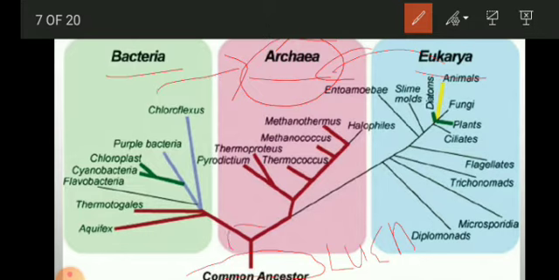Here is the common ancestor. The scientists don't know the proper form of that organism, but with this tree-like structure, the phylogenetic tree, we can understand it.